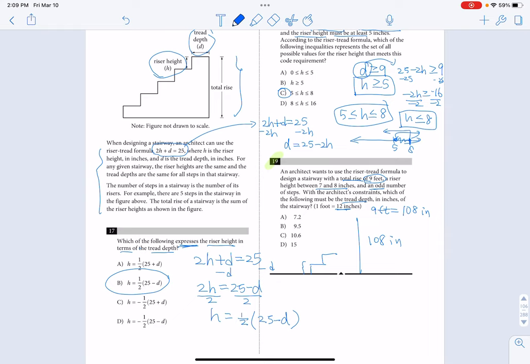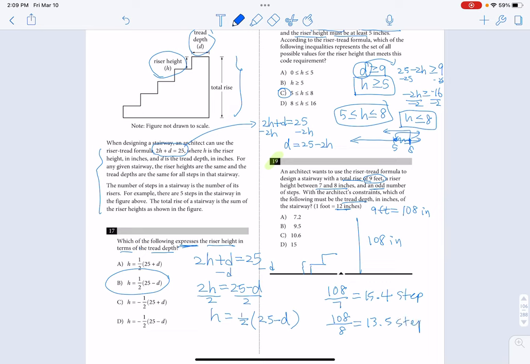If I have 7 inches for each riser height, then 108 divided by 7 gives you about 15.4 steps. And if you make it 8 inches, then 108 divided by 8 gives you 13.5 steps.